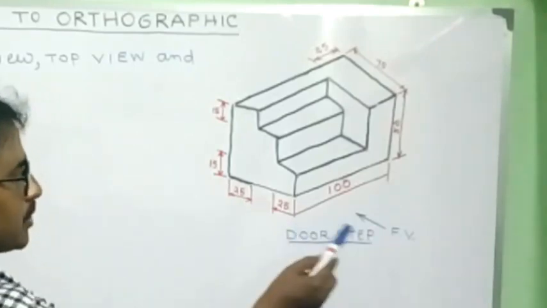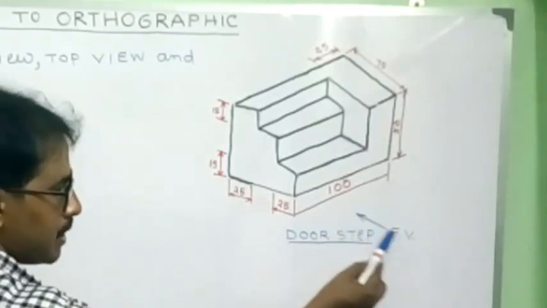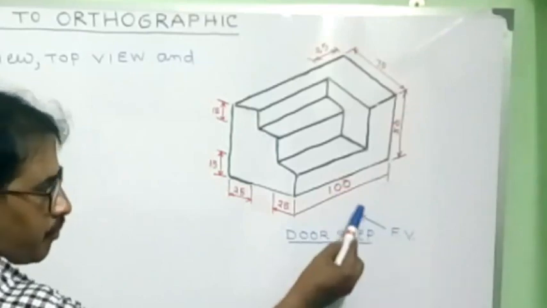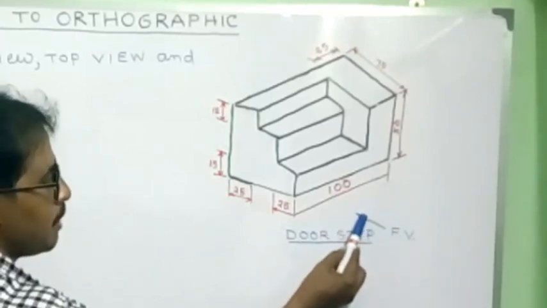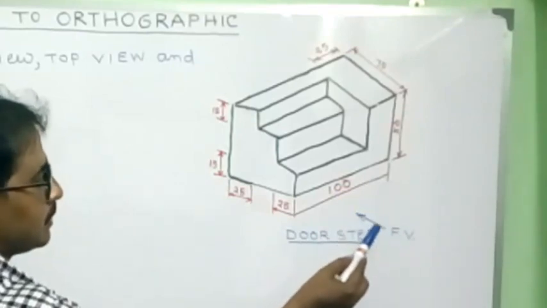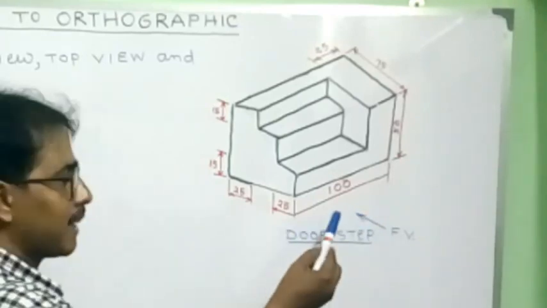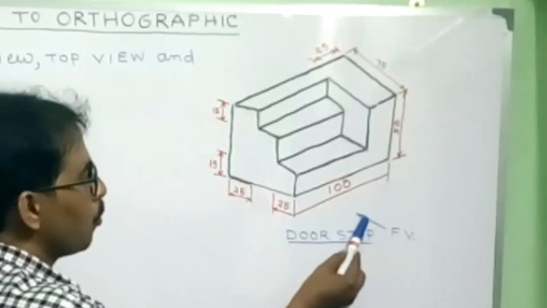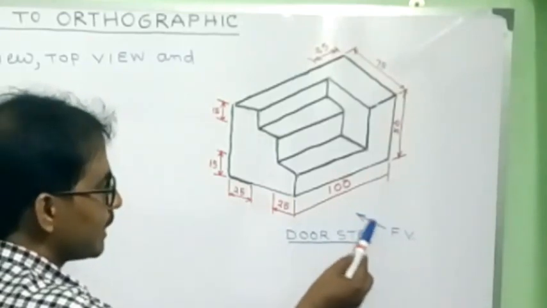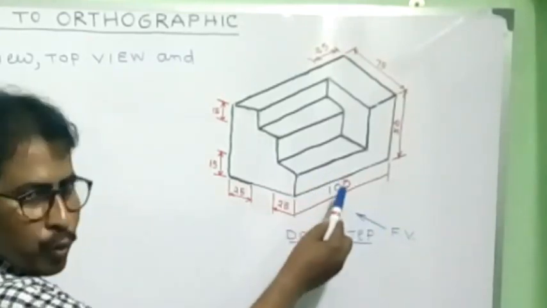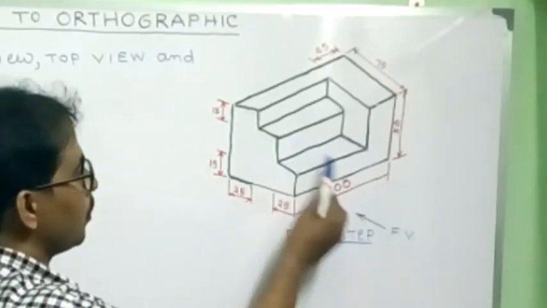Here we see from this side. The arrow is an important matter. The arrow indicates we take the front view in the direction of the arrow. This is the front view.